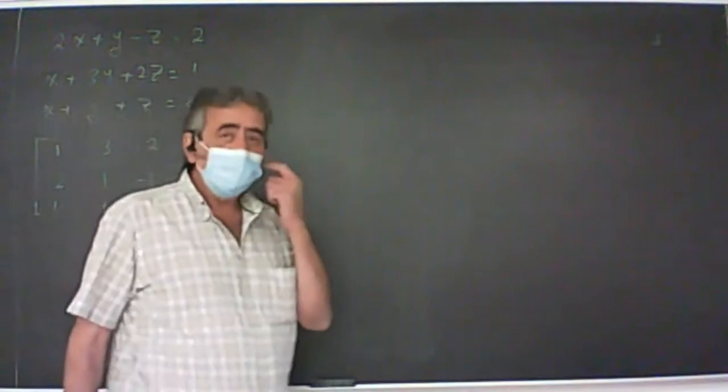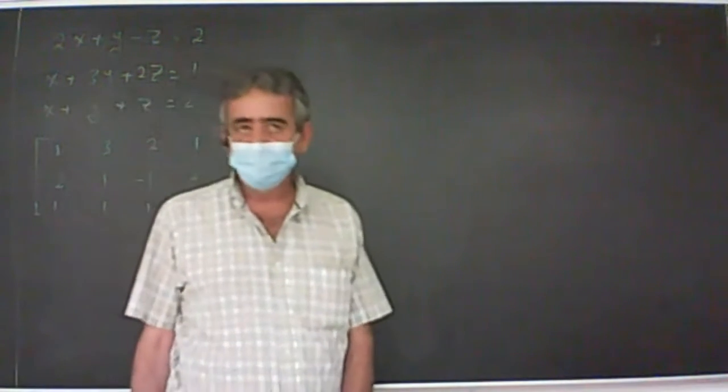That's between the coefficient and the constant. And now I can write either one underneath. It really doesn't matter anymore. So we have a 2, 1, negative 1, and a 2. Then we have 1, 1, 1, and a 2. And this is my system of equation written in matrix form.